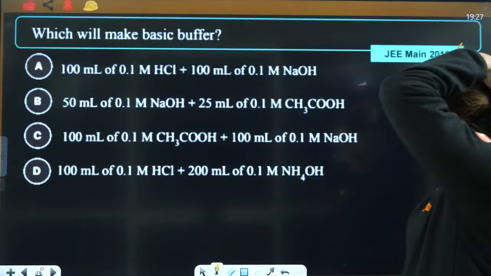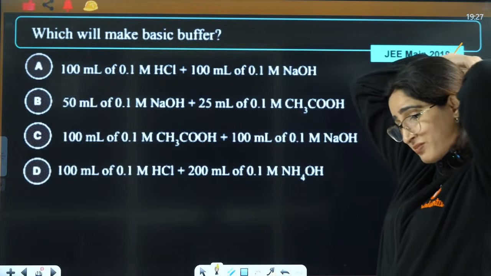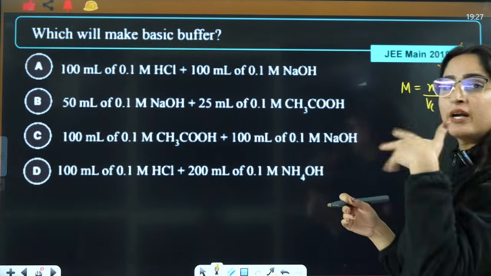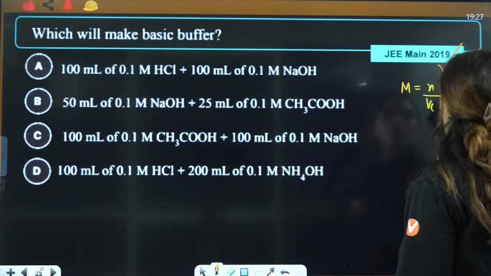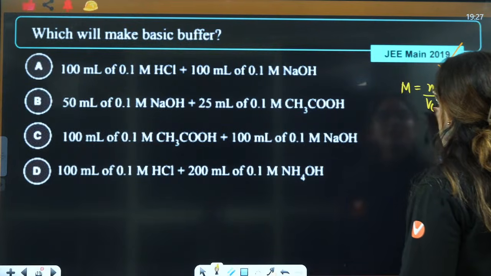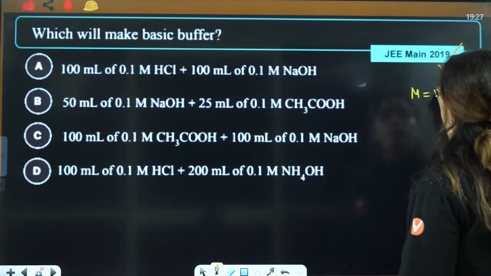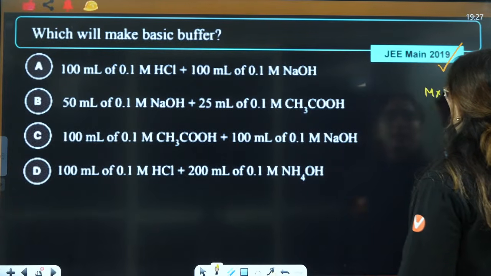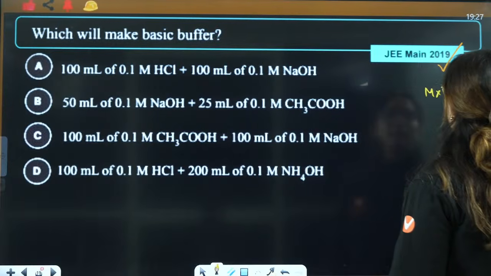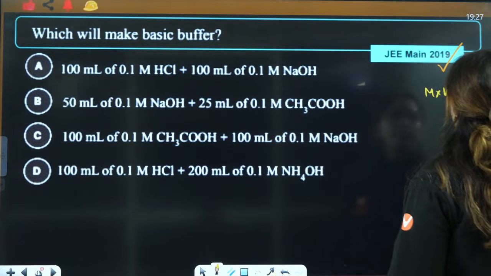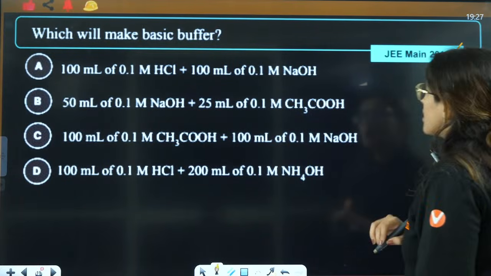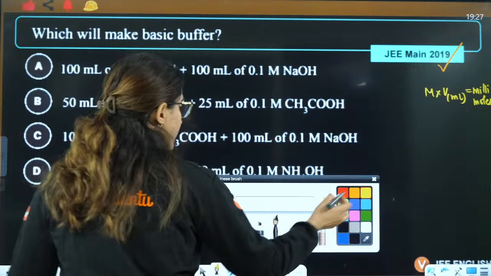Because I don't want to take moles and multiply by 1000, all of that I don't want to do. So I'll calculate the millimoles, which will be molarity into volume in milliliters, that will be millimoles. Okay, so I'll just write it here everywhere.